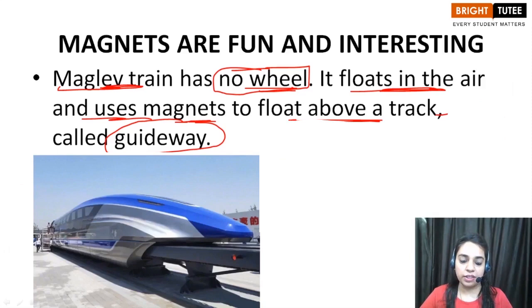They are floating in air, so they can travel at a very high speed, as fast as 500 kilometers per hour. Okay children, so isn't it very interesting, right? So let's now move ahead.